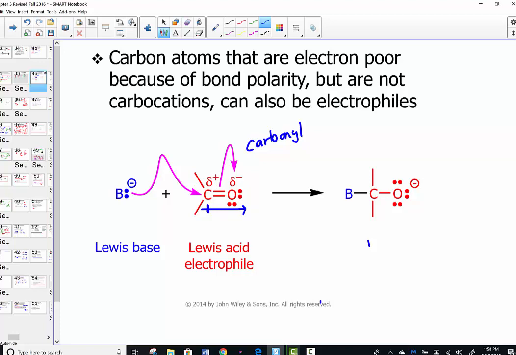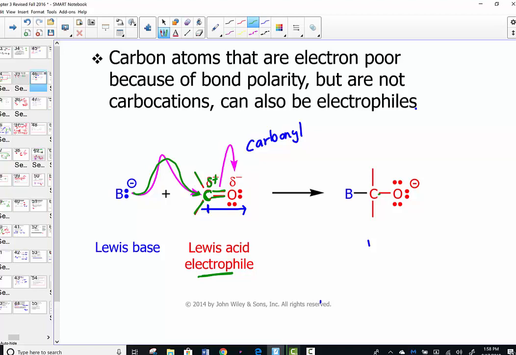It is not an ion because it still has 4 bonds, but the carbon itself is electron deficient based on the polarity of the bond. Based on the positive charge on the carbon, it will still seek electrons. It is still an electrophile, making a good target for a base to come form an attachment.